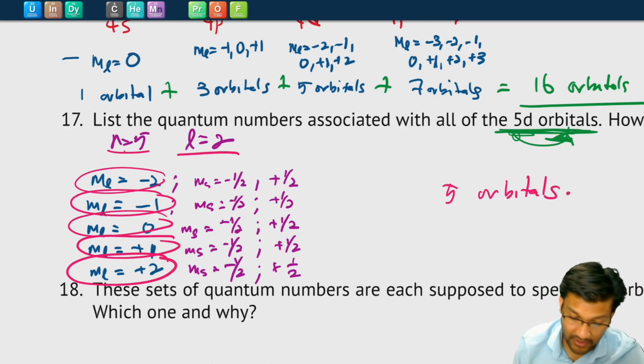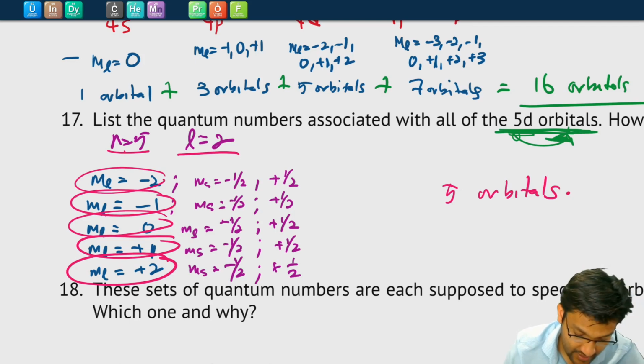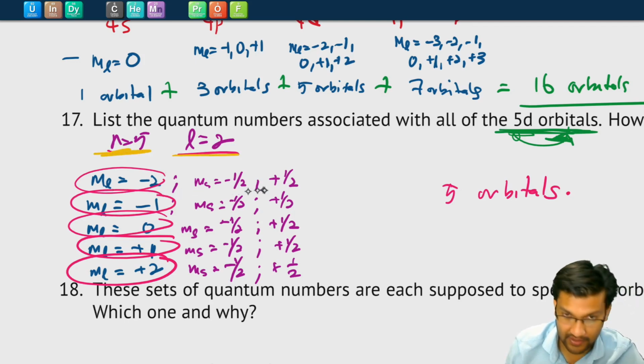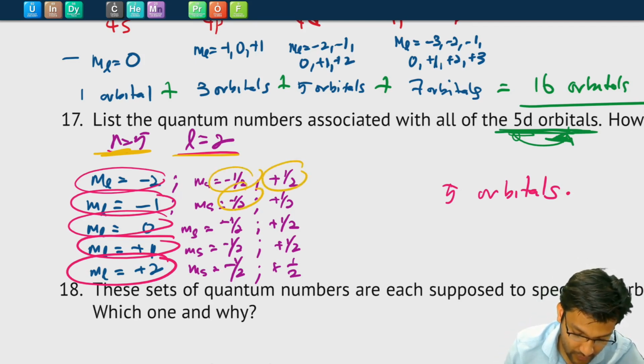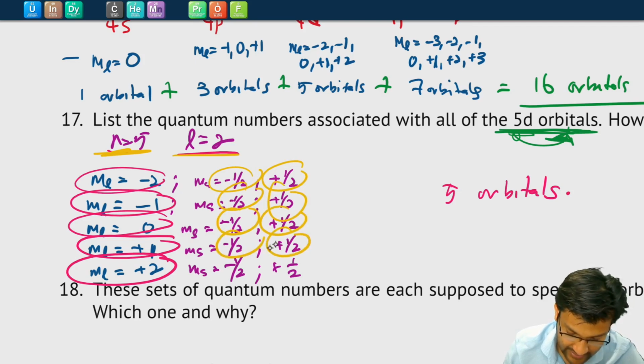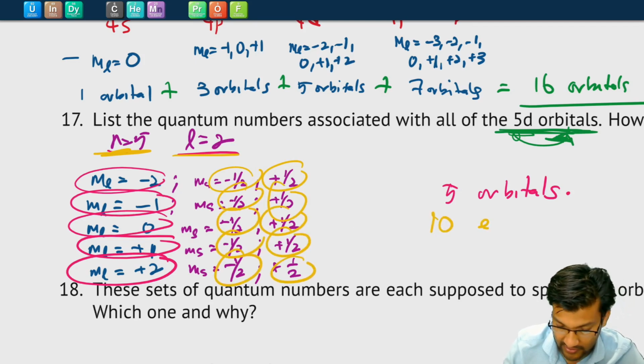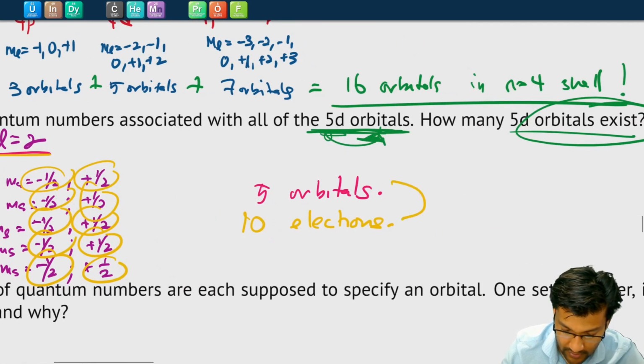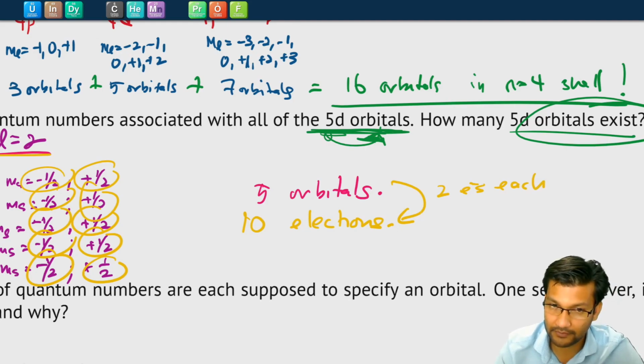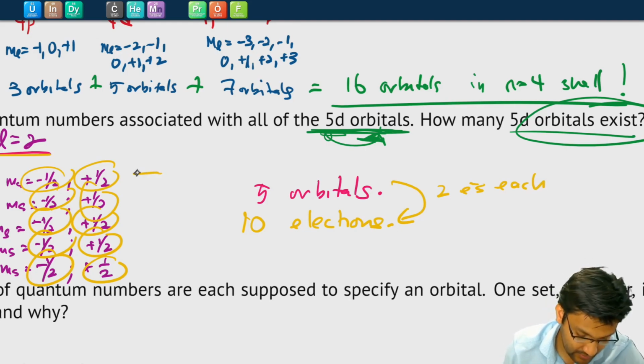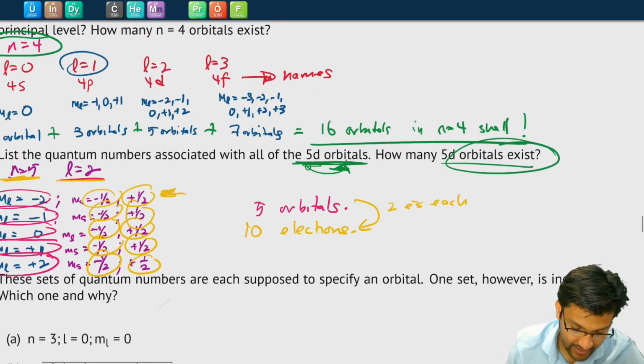But if you want to think about how many electrons we have, that's a combination of N, L, ML, and MS, right? A unique 4 different quantum numbers. So we can have 1, 2, 3, 4, 5, 6, 7, 8, 9, 10 electrons, which makes sense because every orbital fits 2 electrons, each with a different spin, MS of +0.5 and -0.5.